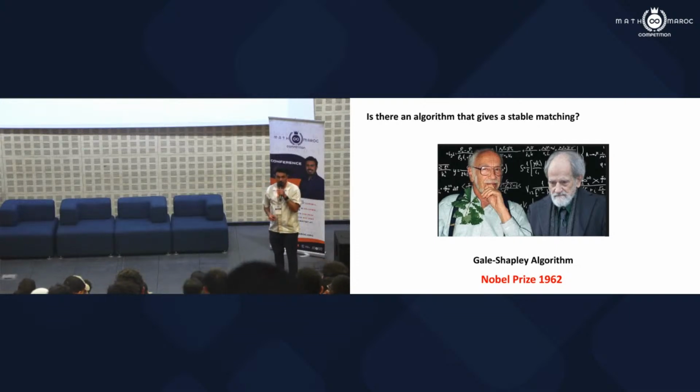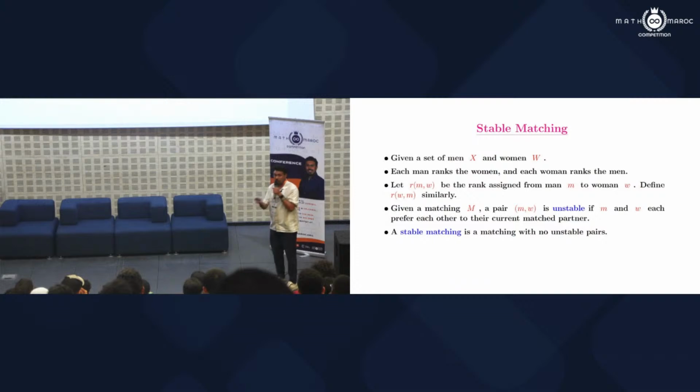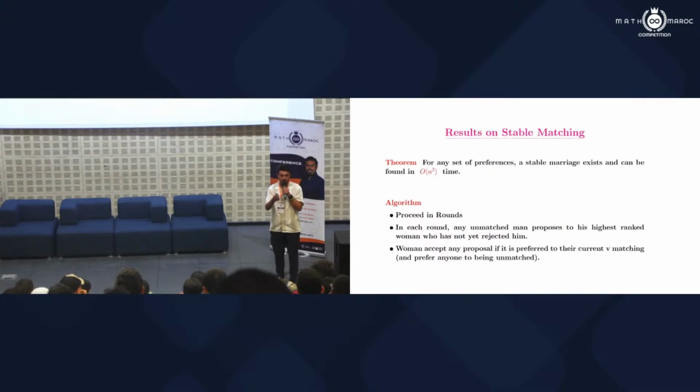Let's say at some point the woman gets a proposal. She compares the current matching with the request. If the request is better, bye-bye to the current matching, she accepts the new request. You run this algorithm in at most n squared iterations, and you get a stable matching.